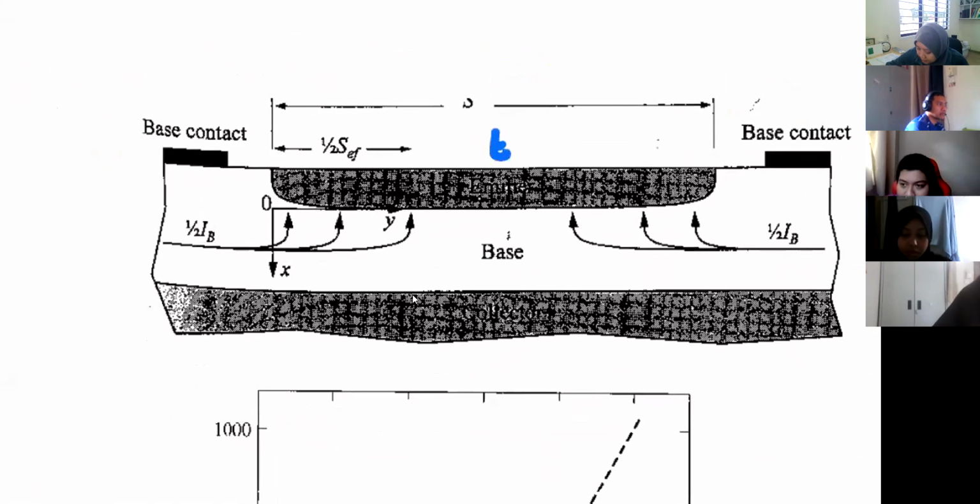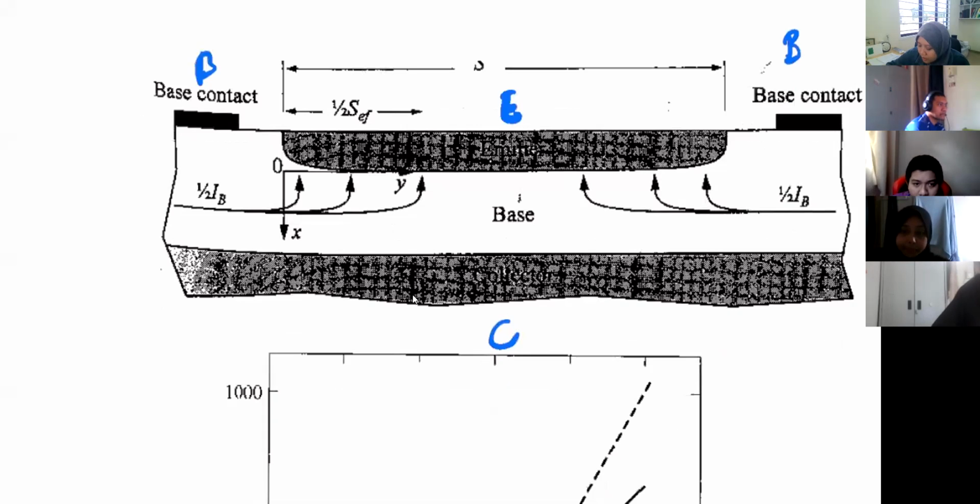The emitter. Okay, if you operate the BJT in forward active mode, what do you do to the base emitter junction?